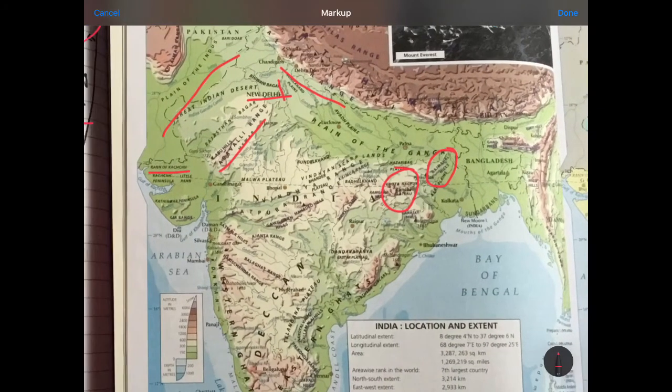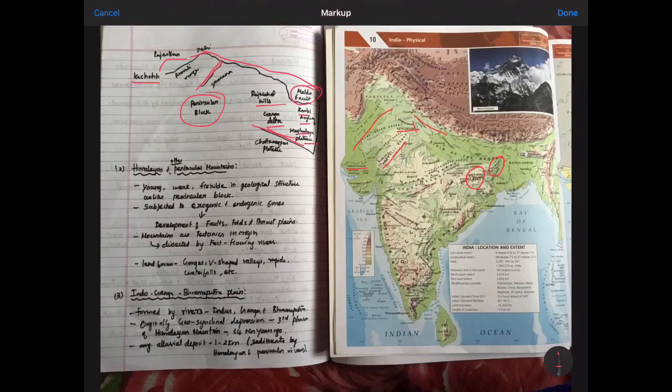Okay, so you can see it in your map for better understanding. This is my imaginary one and this is from the Indian physical map.